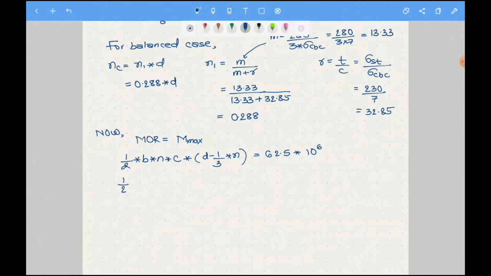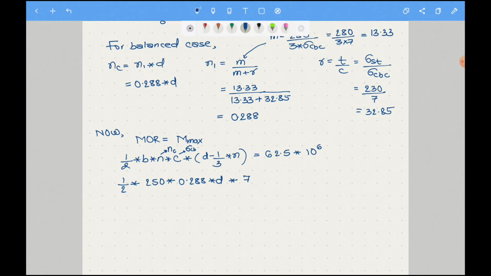So what I can write here is 1 by 2 times 250 times the depth of the neutral axis. What we can write is 0.288 times D, because this should be equals to the critical depth of the neutral axis, times the value of C, that is nothing but sigma CBC.